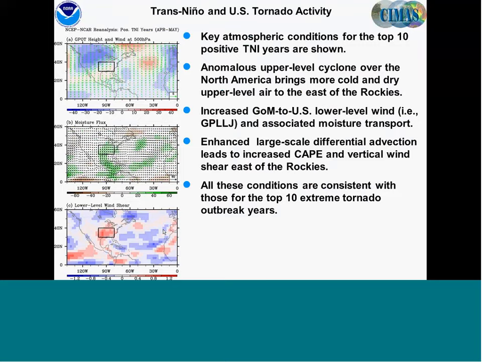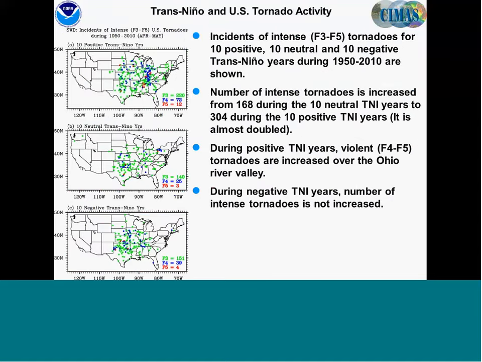You can see this anomalous upper-level cyclone over North America that brings more cold and dry upper-level air to the east of the Rockies, increased moisture transport, and also increased low-level wind shear. All 3 conditions are consistent with the atmospheric conditions that you expect from the top 10 extreme tornado outbreak years.